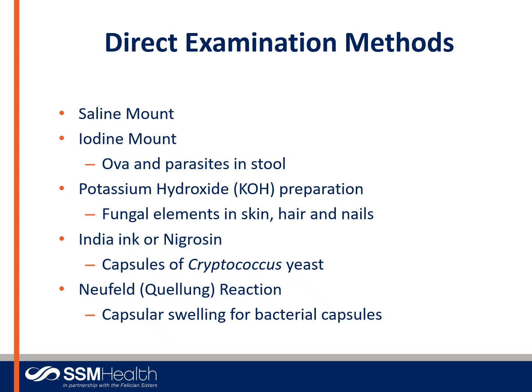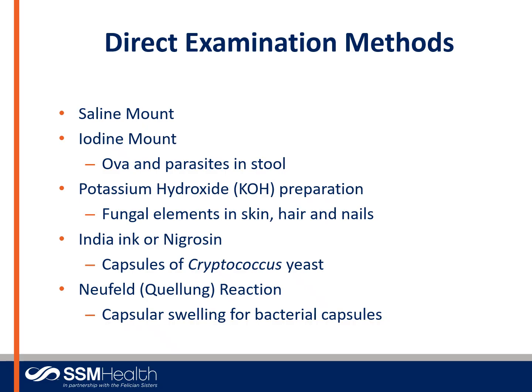Iodine mounts are primarily used in ova and parasite examinations. Many clinical microlabs may no longer do a full ova and parasite examination. Most of these specimens for O&P are going to be sent to a reference lab where they would probably do an iodine mount.